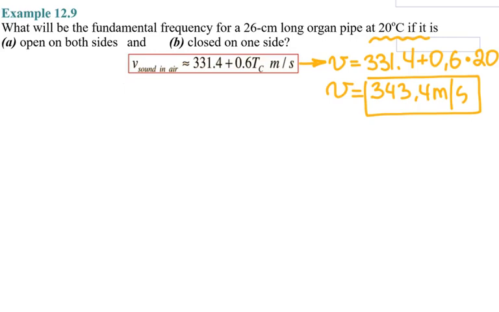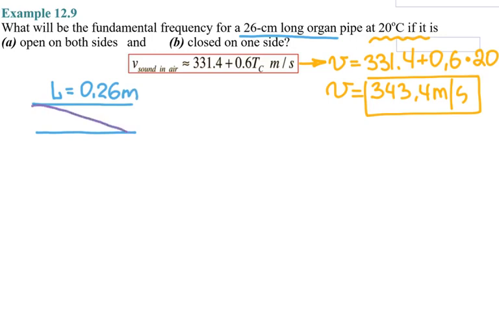They also tell you that the organ pipe is 26 centimeters. If I have the organ pipe open on both sides and the length of it is 0.26 meters, then the wave inside would look like this, and that is 1/2 of the wavelength.